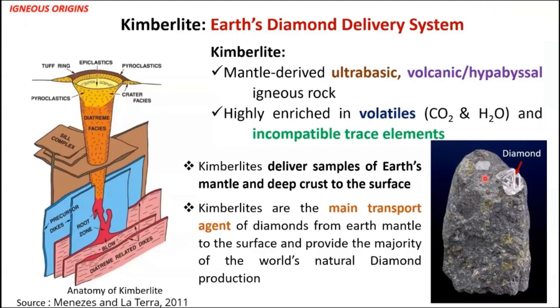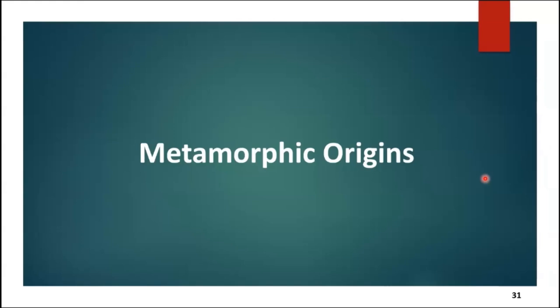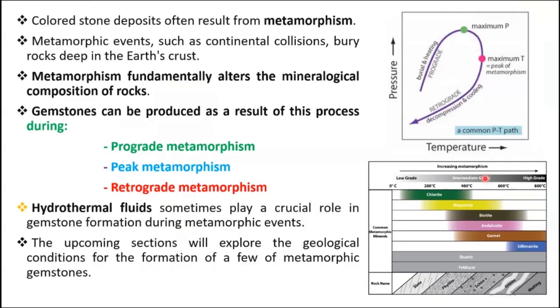Then very briefly, for about the next 5 to 10 minutes, I will spend time discussing metamorphic origin. It means some of the gem quality minerals that are produced during metamorphism. As I explained earlier, during metamorphism the mineralogy and mineral textures of the parent rock experience various changes.